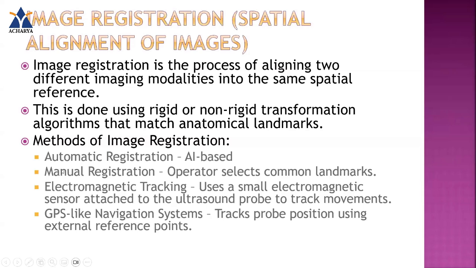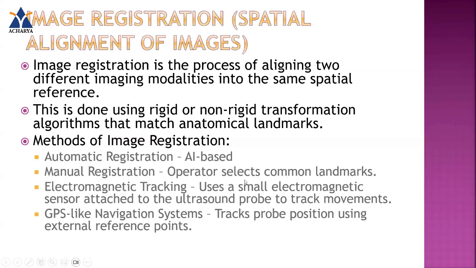One is called automatic registration, which is AI based. The second one is manual registration, where the operator selects the common landmarks. The doctor selects the area where he wants the fusion image, the common area. The third one is called electromagnetic tracking.